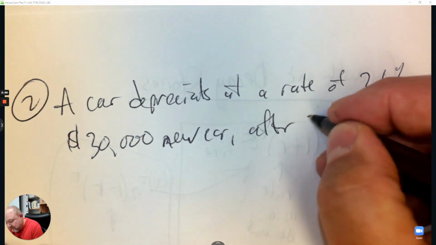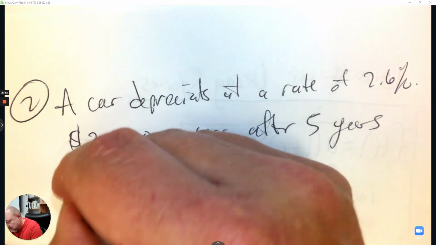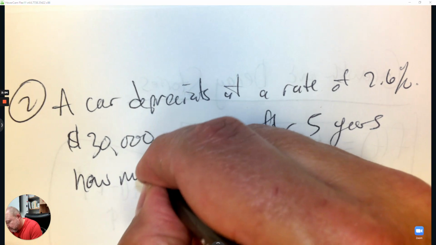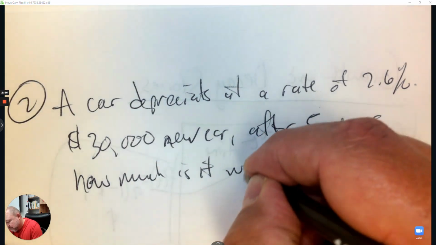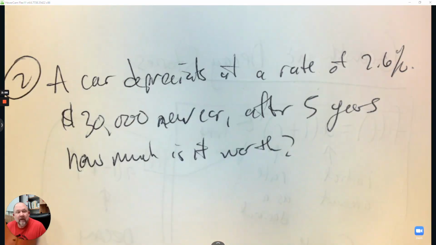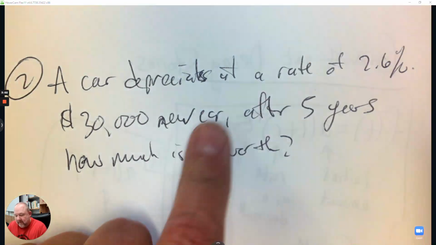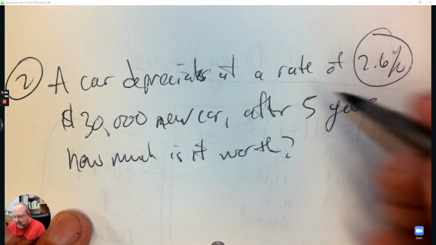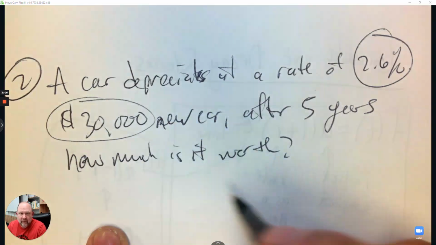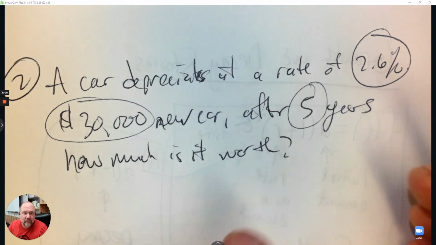After 5 years, how much is it worth? So you have a car that depreciates, at a rate of 2.6%. You have a $30,000 new car. After 5 years, how much is it worth?